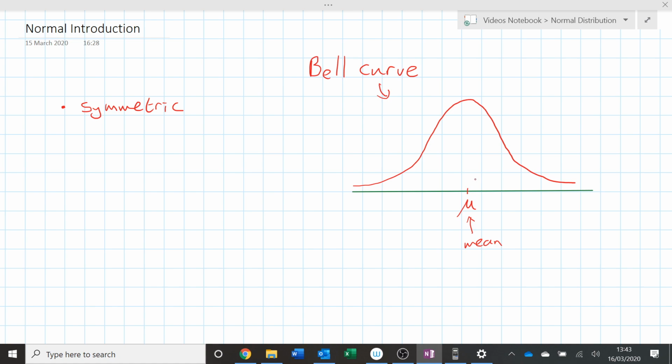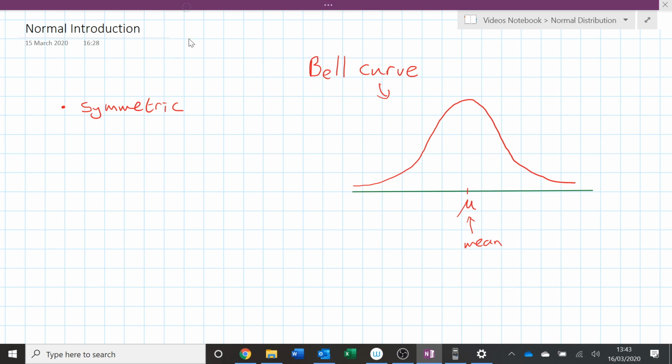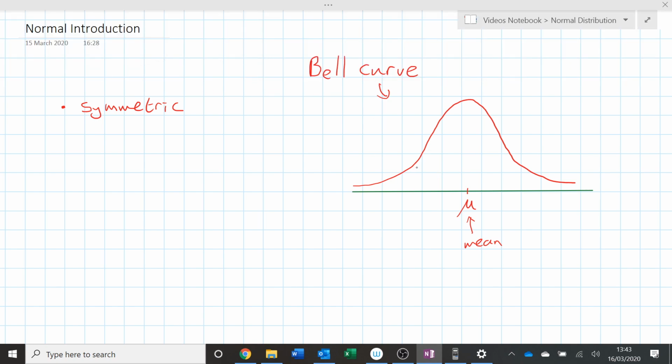And you go either way with standard deviations from the mean. So you will have done outliers before, and this is going to relate to it. When you talk about an outlier being more than 2 standard deviations from the mean, something you would have done before, what you're really talking about is the normal distribution. The points of inflection on a normal distribution, where the curve changes between concave and convex, are here.